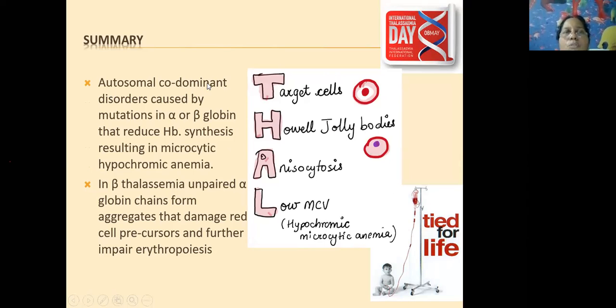It's an autosomal codominant disorder caused by mutation in alpha or beta globin that reduces hemoglobin synthesis, resulting in microcytic hypochromic anemia. In beta thalassemia, unpaired alpha globin chains form aggregates that damage red cell precursors and further impair erythropoiesis.